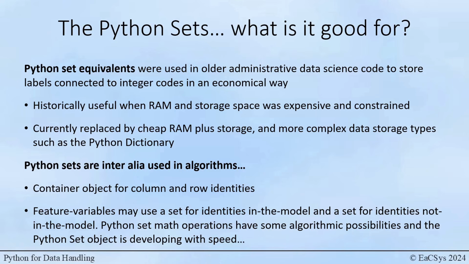At the most basic design level, this design meant that 8, 16, or 32-bit integers could replace a string or a number of strings for a data entry, and this was very economical.